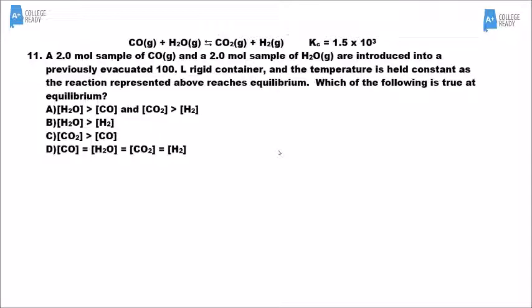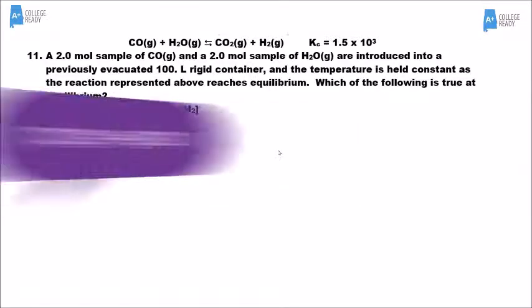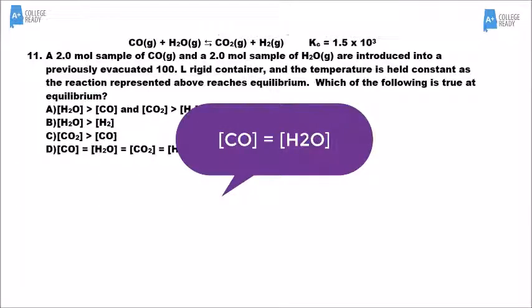So if you start with 2 moles of CO and 2 moles of H2O, notice in the balanced equation, the coefficients are 1. So however much of CO you use up, you will use up the same amount of H2O. So at the very end, at equilibrium, since you started with the same amount and they would go down by the same amount, the amount of CO and H2O should be equal.